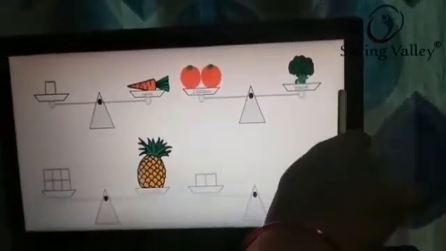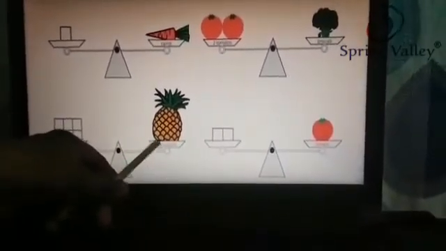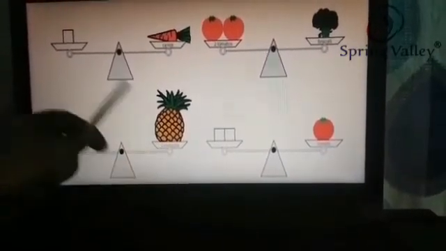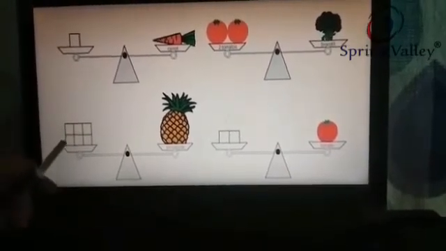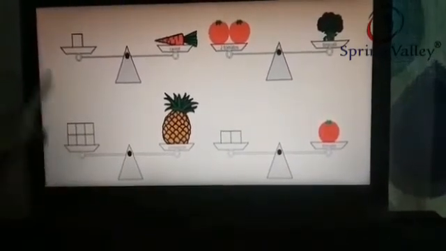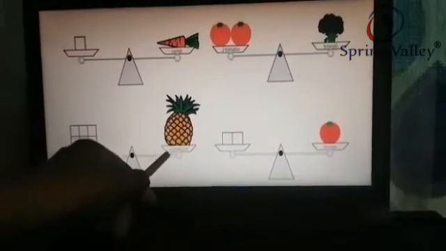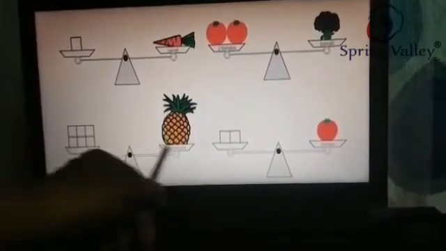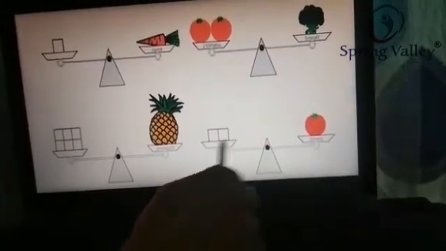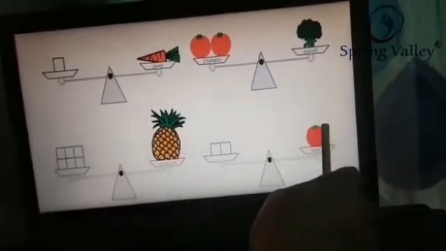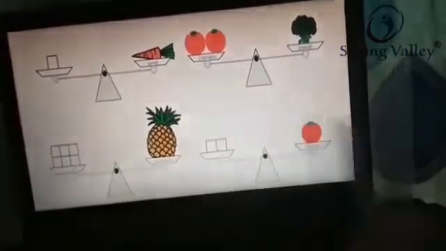It is equally weighed. Next one, pineapple. On the other side we have blocks. How many blocks? 1, 2, 3, 4, 5, 6. 6 blocks are equal to 1 pineapple. It is equally weighed. The other one, we have here 2 blocks and 1 tomato. It is equally weighed. 2 blocks are equal to 1 tomato. Got it, children?